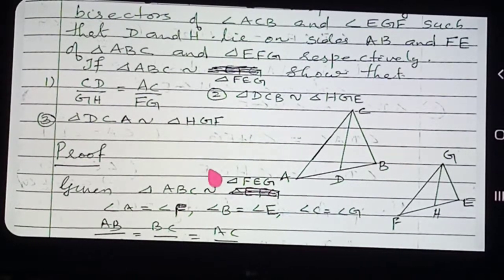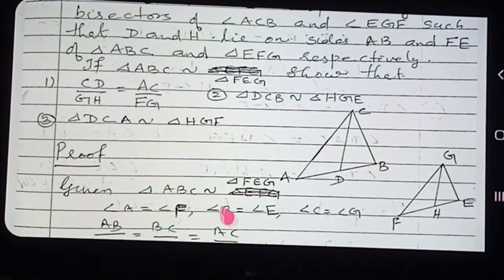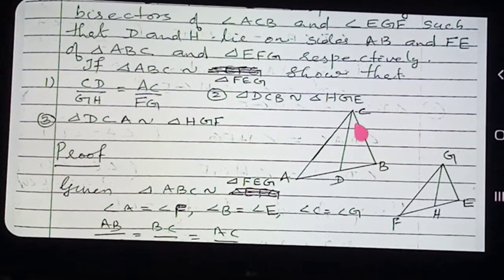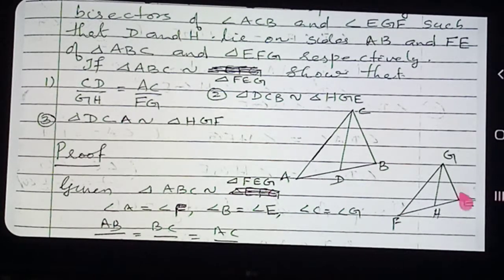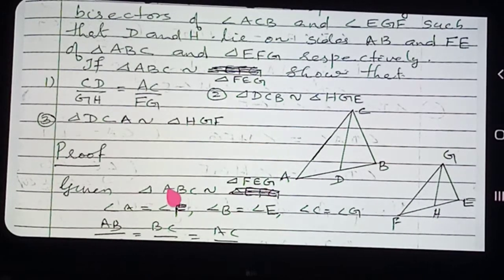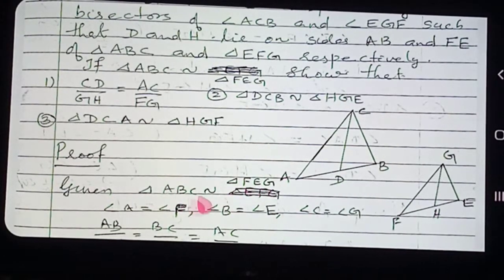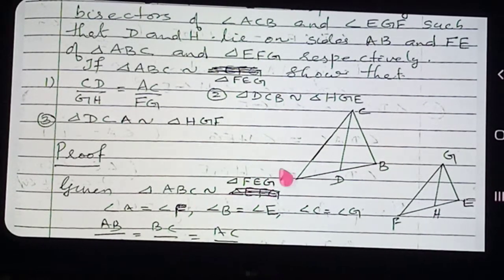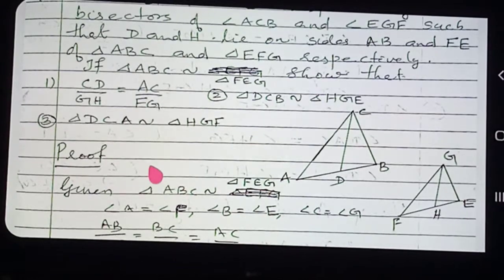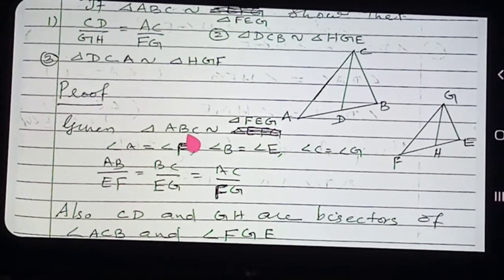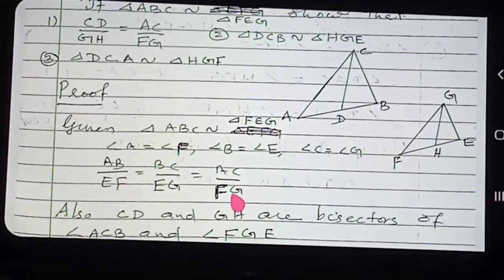Okay. Now listen. What is given in the question? Triangle ABC and triangle FEG are similar, given. The meaning is that angle A and angle F are equal, angle B and angle E are equal, angle C and angle G are equal. Second condition, AB by EF is the same as BC by EG is the same as AC by FG.